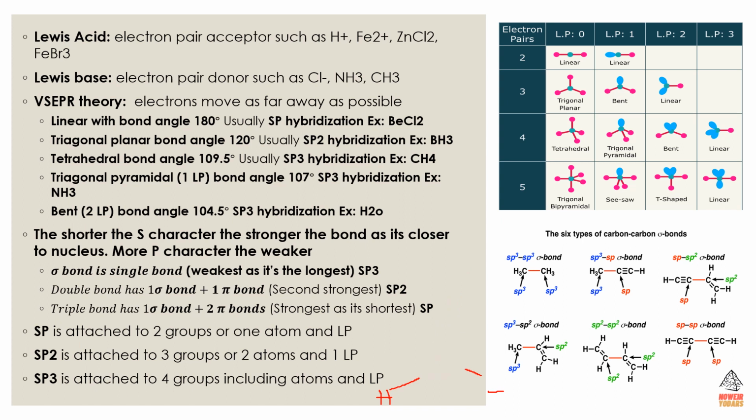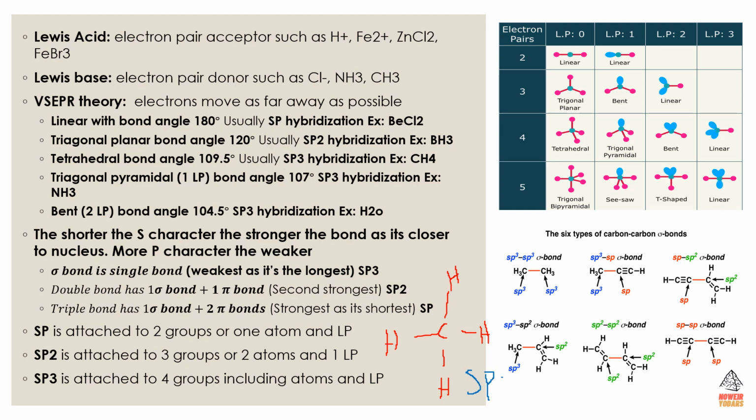Next, we're going to have methane, CH4. You see how the carbon can't bond anymore? Its valence electrons are done. It's bonded to each of the hydrogens already, so it's an sp3.